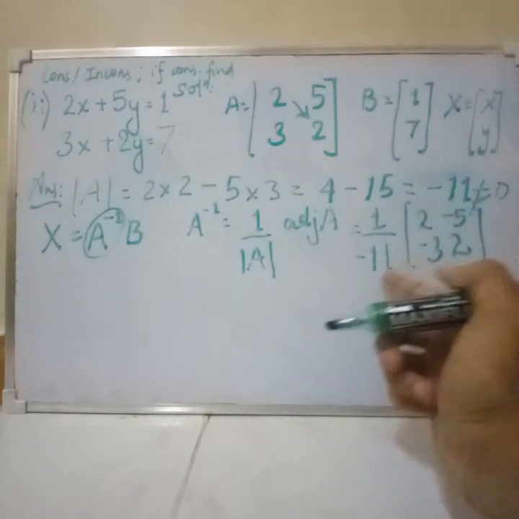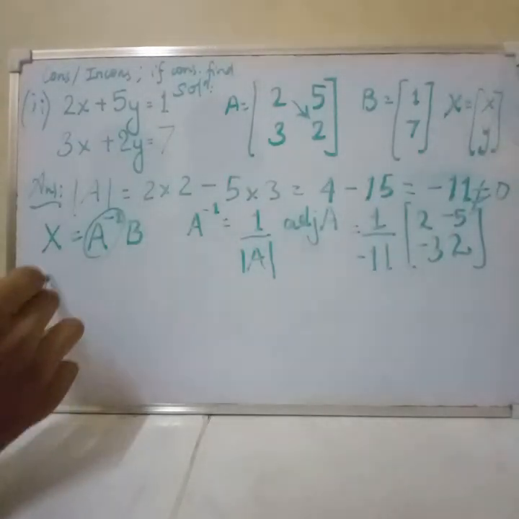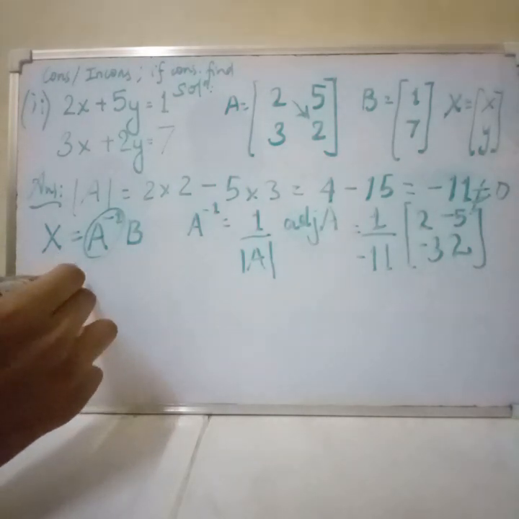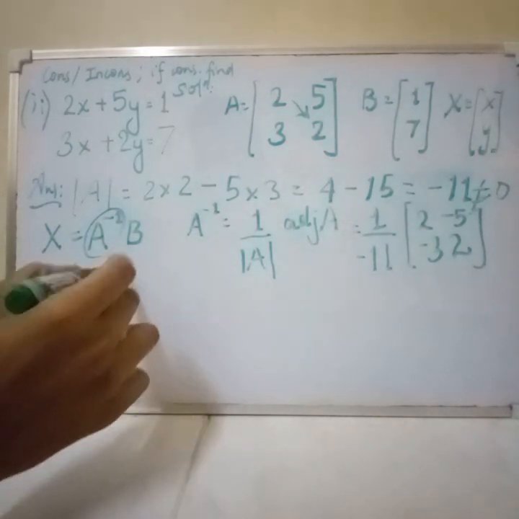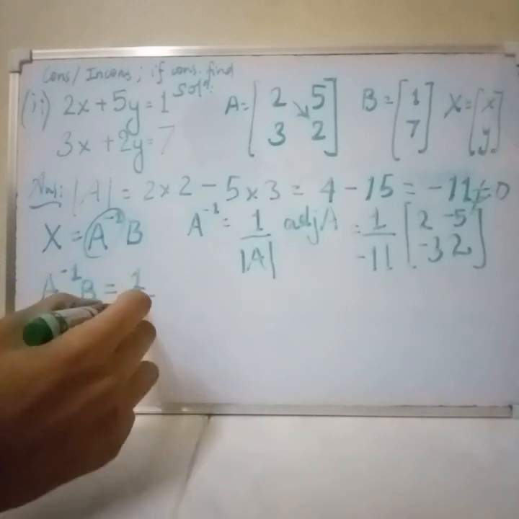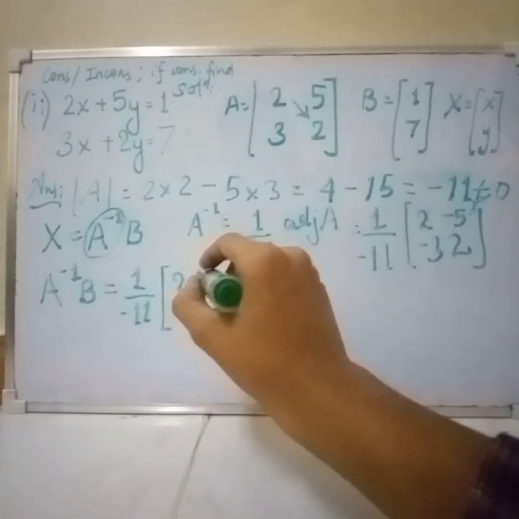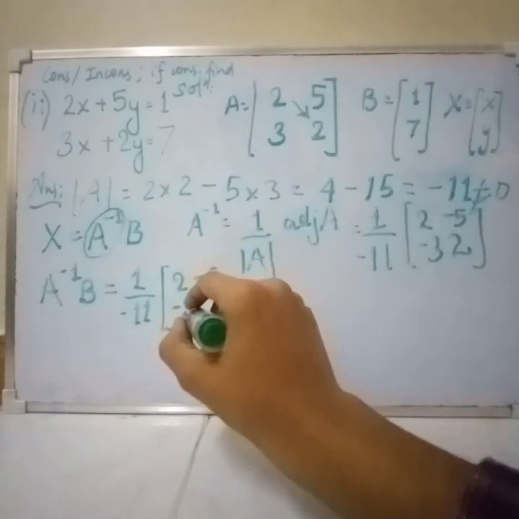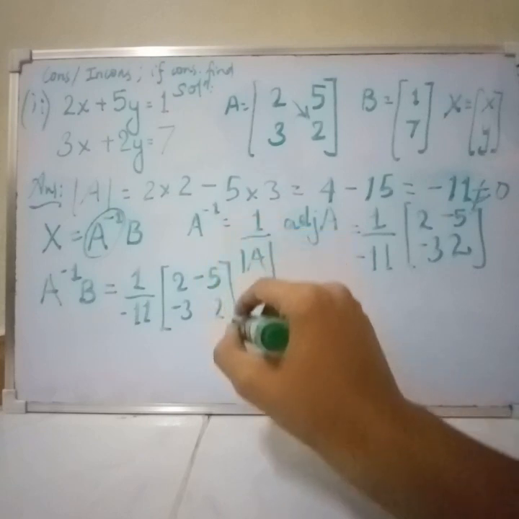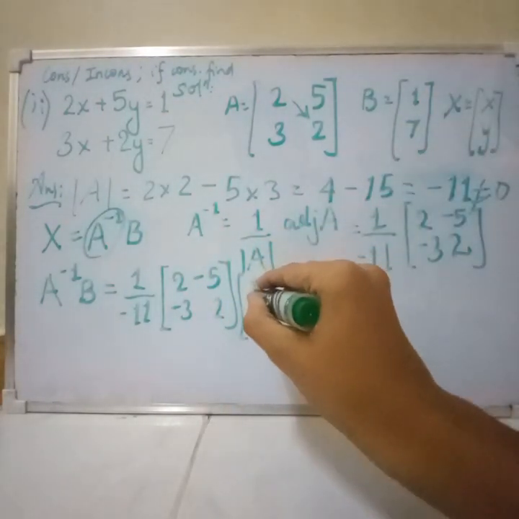Now this is our A inverse, and we have to multiply the A inverse with the B matrix to find the X matrix. So 1 by minus 11 multiplied with 2, minus 5, minus 3 and 2, and this is multiplied with the B matrix, 1 and 7.